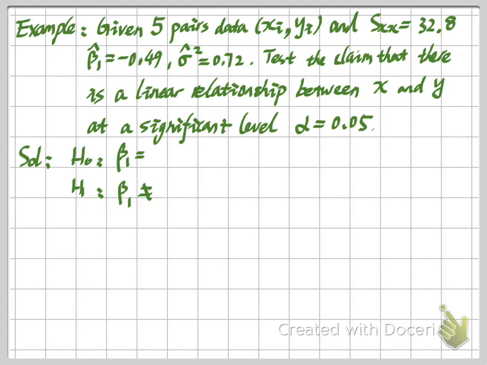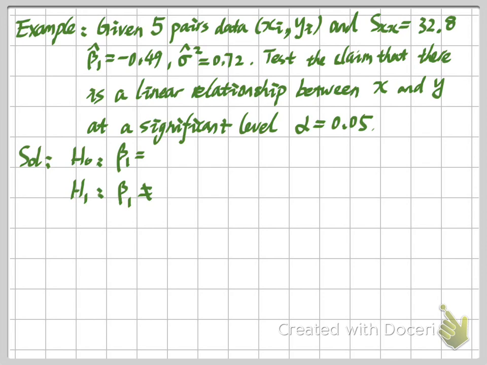For our null hypothesis, H0, we write it as an equation, so beta 1 is equal to some constant. The problem will tell us whether it equals some constant or not.